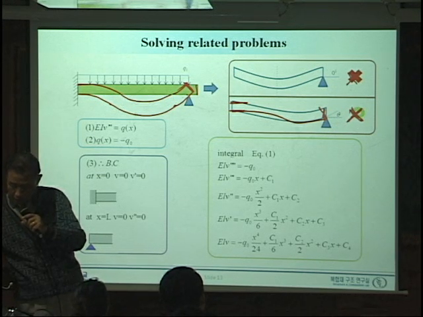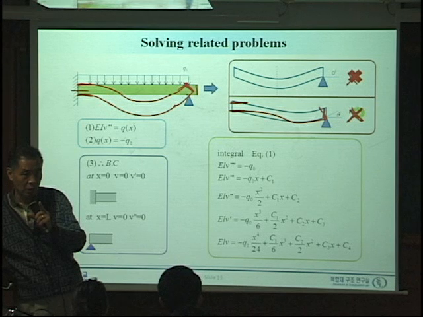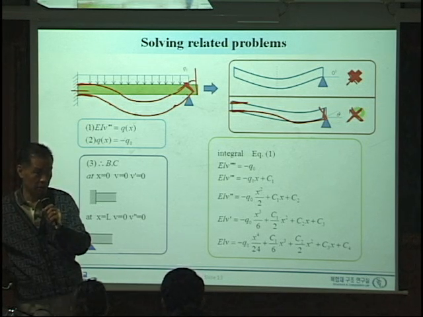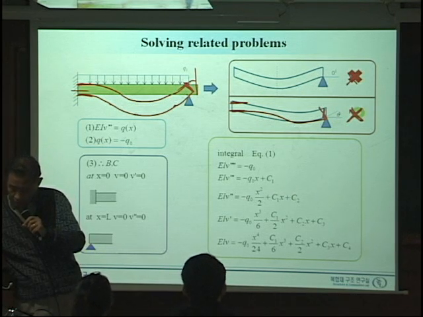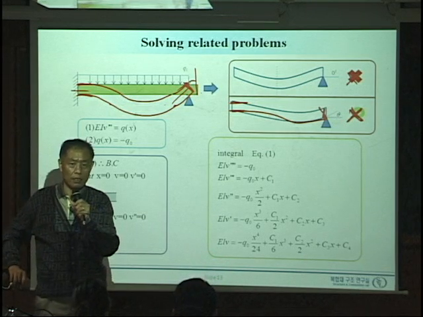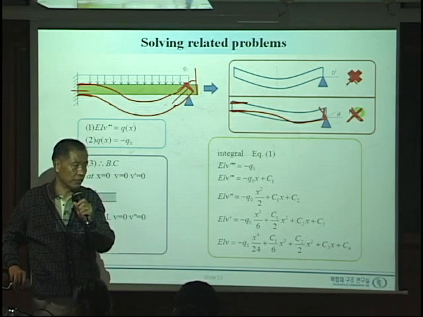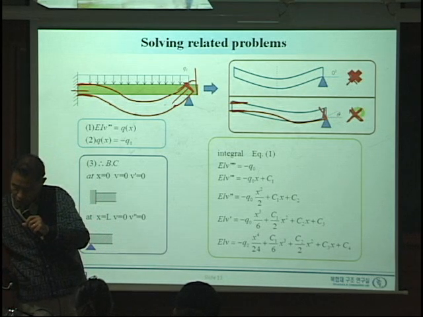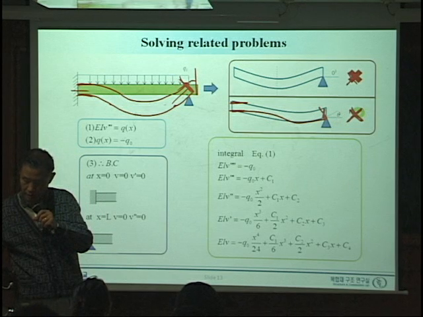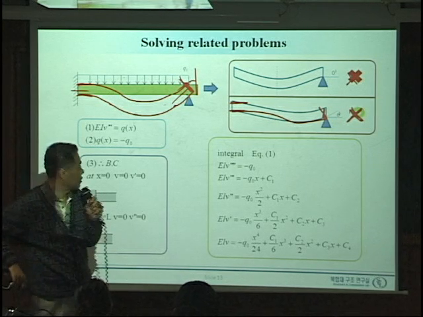Again, you need deflection 0 and angle 0 at the clamp. And here, deflection is 0 and the angle is not 0. Only the curvature is 0. Curvature means there is some rotation, which you cannot clearly visualize, but you have to show it. This is the deflection curve.